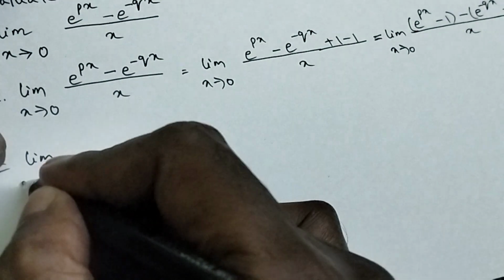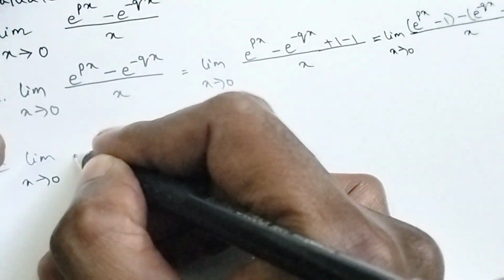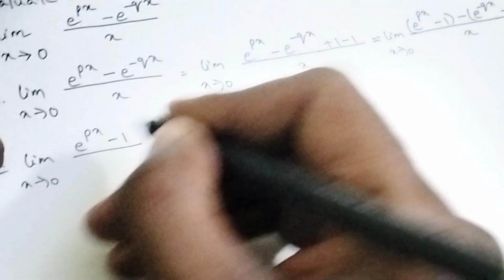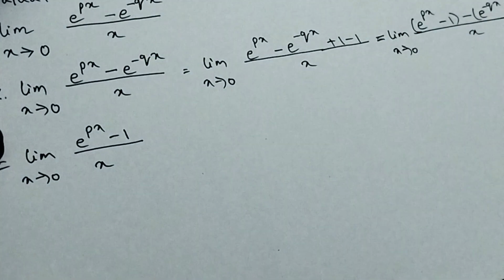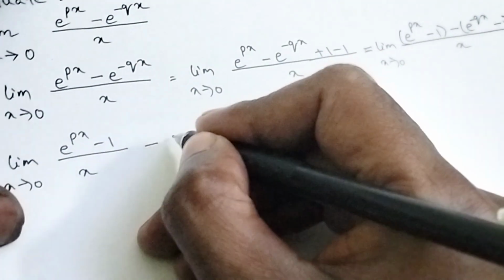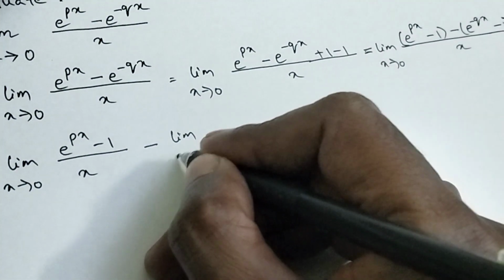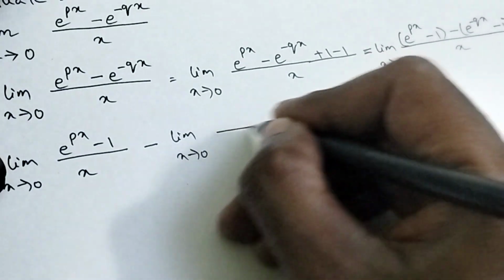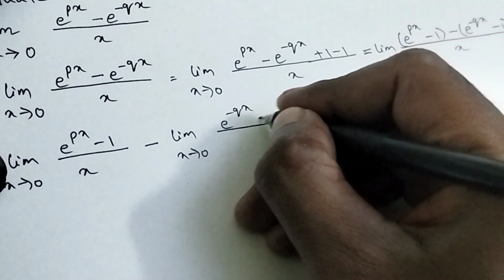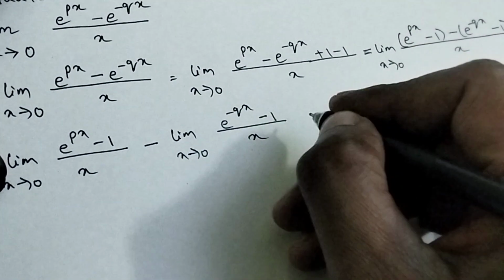So now this can be written as limit x tends to 0, e to the power px minus 1 by x, minus limit x tends to 0, e to the power minus qx minus 1 by x.